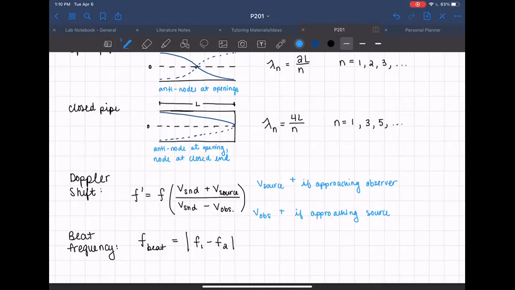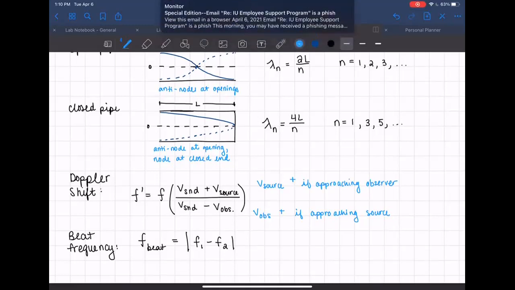So cool. And then the only other thing really that you have is just beat frequency. The important thing to note with beat frequency is that it's the absolute value of F1 minus F2. So if you're given the beat frequency and F1, let's say, and you're asked to find F2, just keep in mind that there's going to be two possible answers.